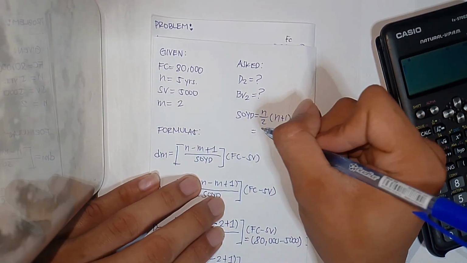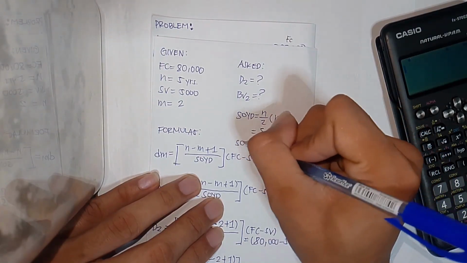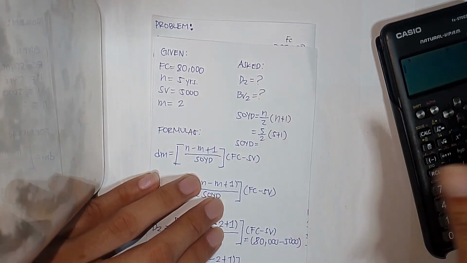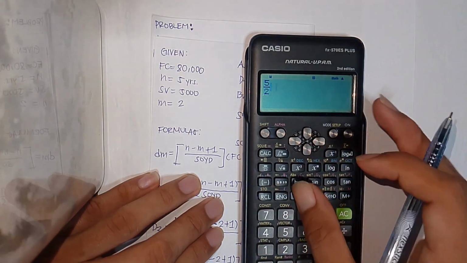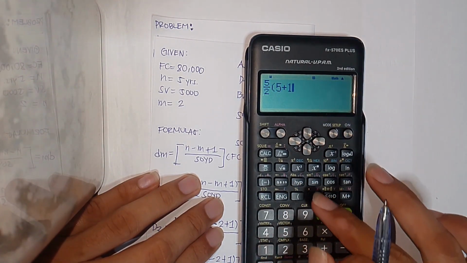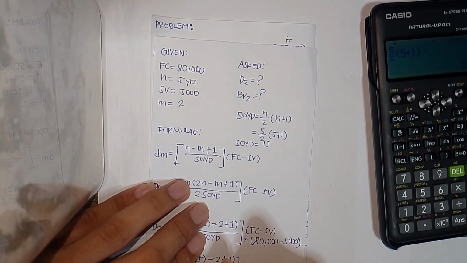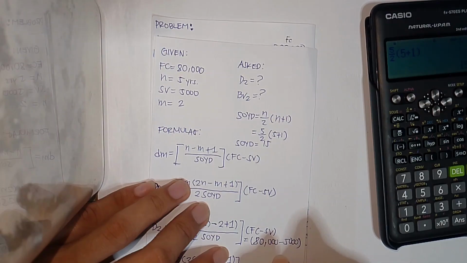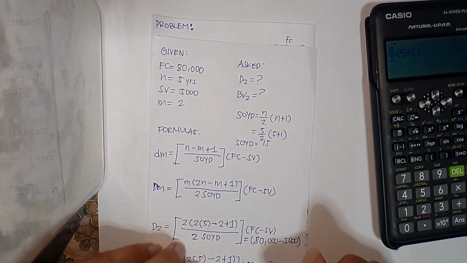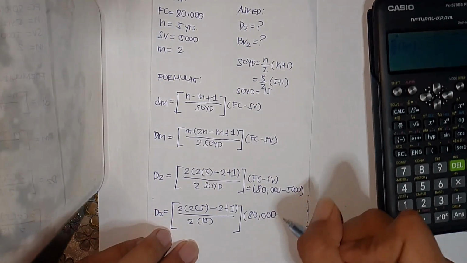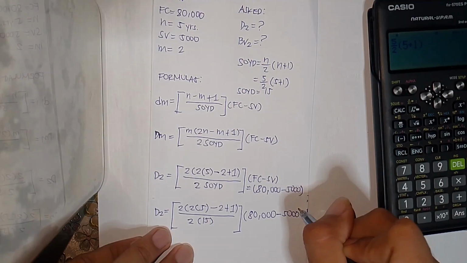So our n is 5 over 2 times (5 plus 1), which is equal to 15. So 2 times 15 times 80,000 minus 5,000.